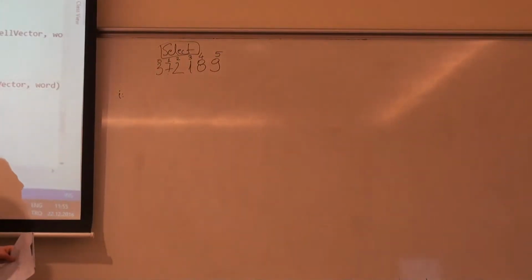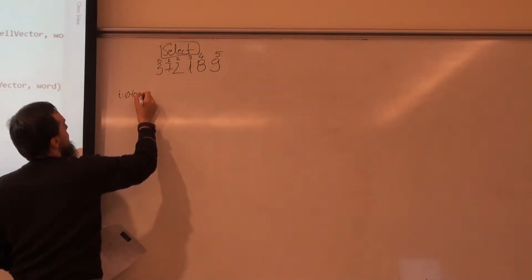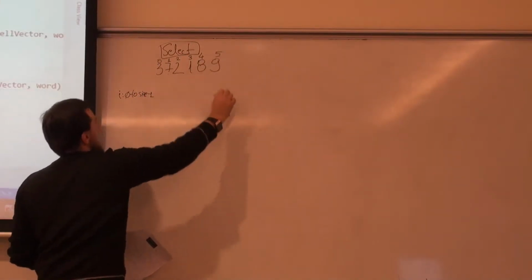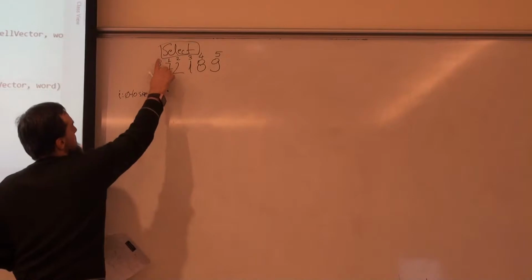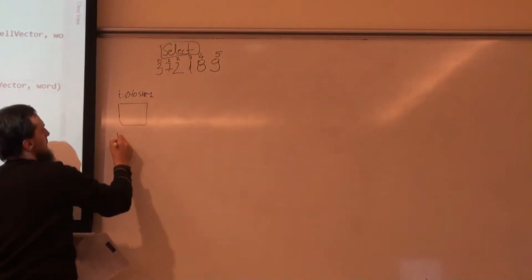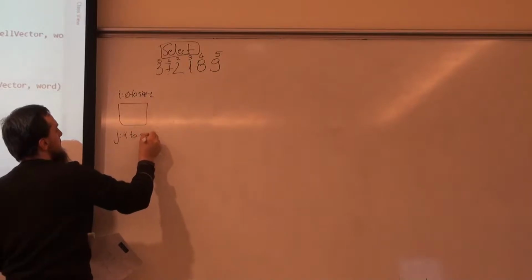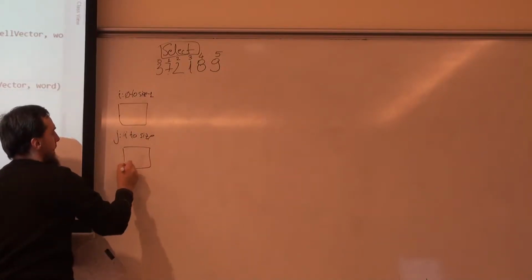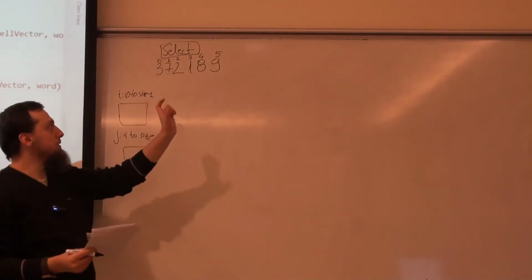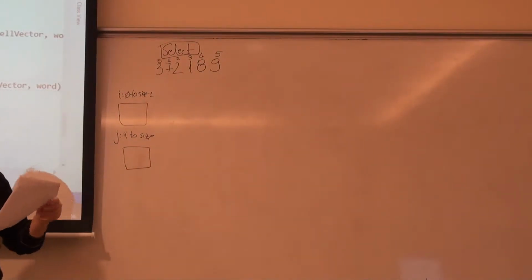We define an i, which goes from 0 to size minus 1, and size in our case is 5, so basically it goes from 0 to 4. Here we have the i. j goes from i to size, and in each iteration we find the minimum of the sublist that is left.